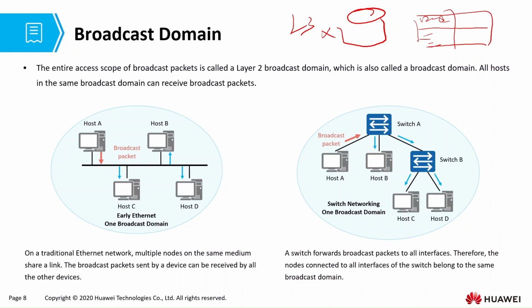But at layer 2, the data link layer, you are not going to discard the package. You will broadcast the package to all the hosts to check whether they receive it or not. So remember, you will broadcast.